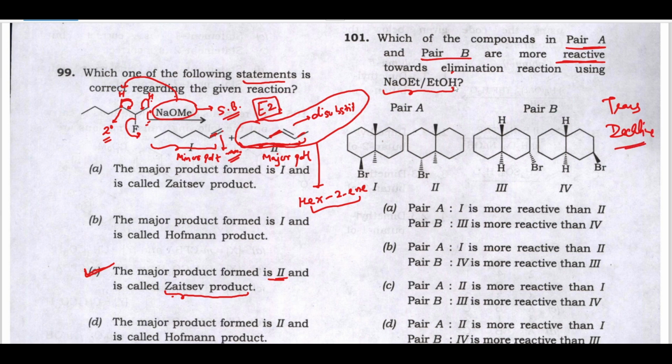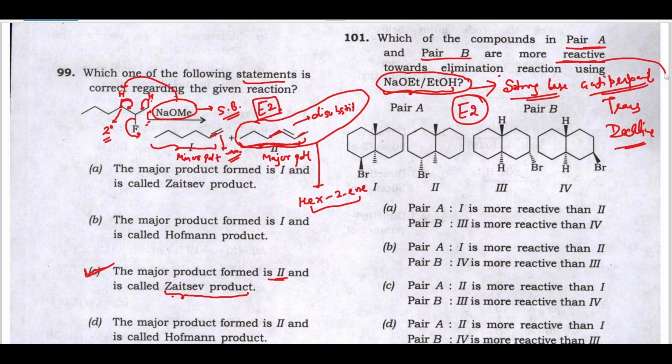They are using sodium ethoxide in the presence of ethanol, which is a strong base and will work under the E2 mechanism, and in the elimination reaction, both the leaving group and the proton should lie at anti-periplanar position.